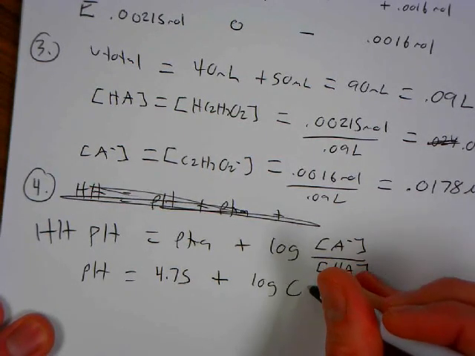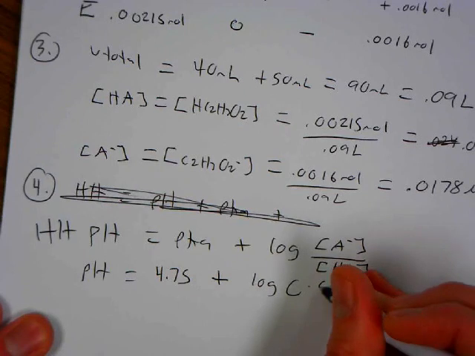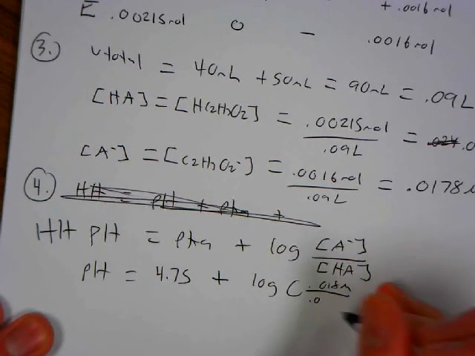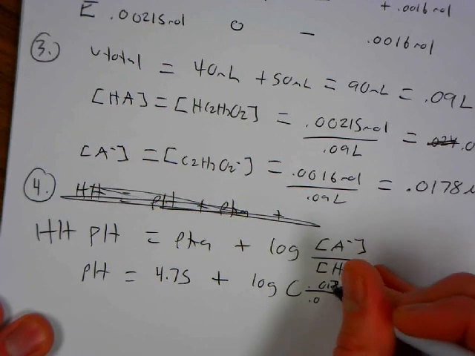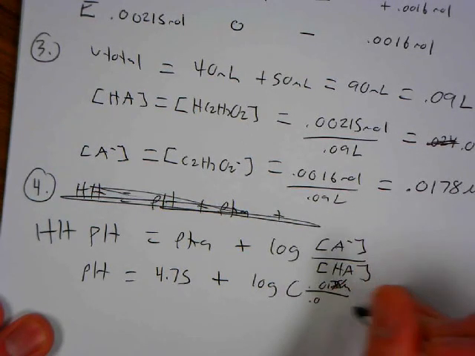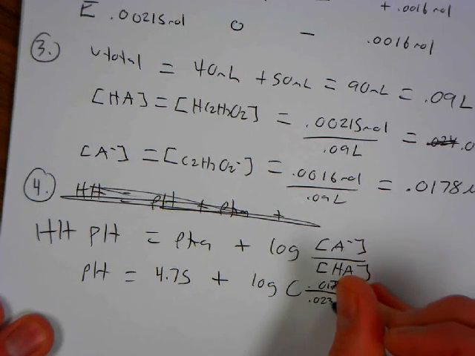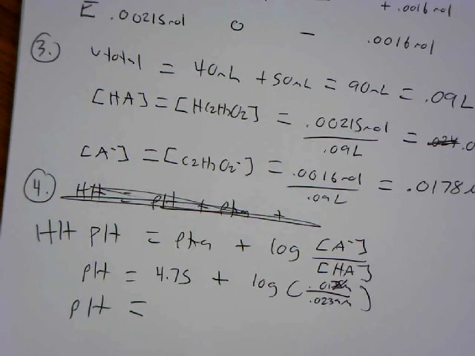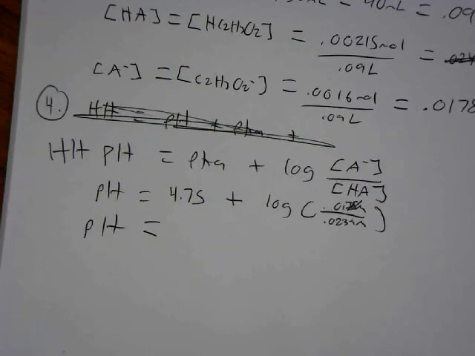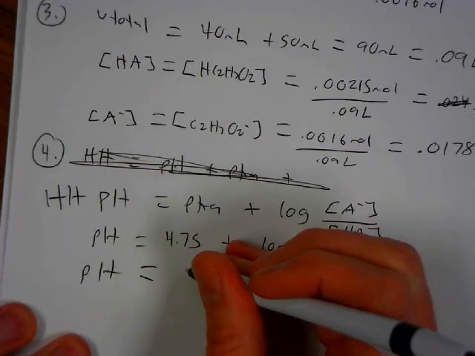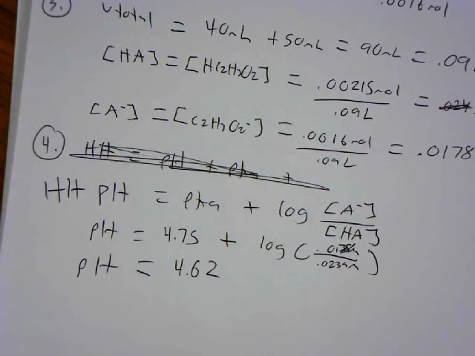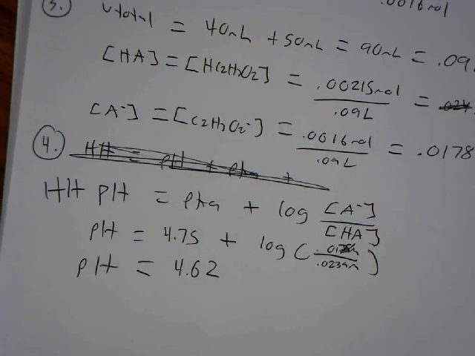I don't have to take the negative log of my pKa, we have it. It's 4.75 plus log of the quantity 0.0178 molar divided by 0.0239 molar.